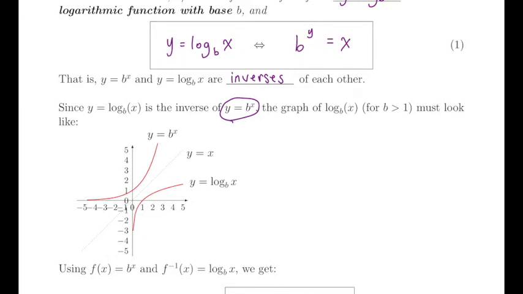Well, because we know that it's the inverse of the exponential function, what we can do is reflect the graph of the exponential function around the line y is equal to x. So that's this dotted line here. Imagining that this is the mirror, draw what you see in the mirror, and it'll be something like this. So that's your graph of the inverse. That's the graph of log base b of x.